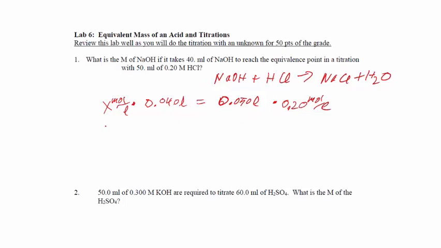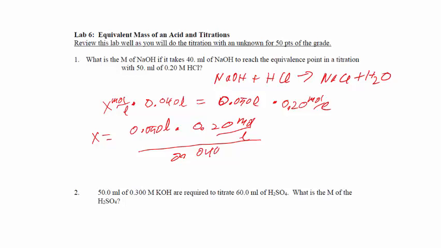So I'm not including the stoichiometric ratio because it's 1. So we simply say x equals 0.050 liters times 0.20 mole per liter over 0.040 liters.